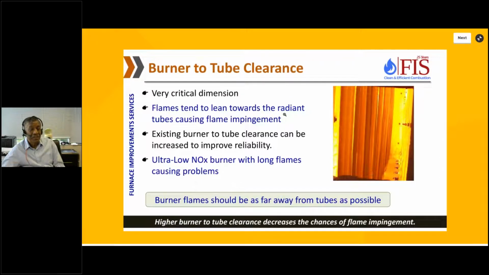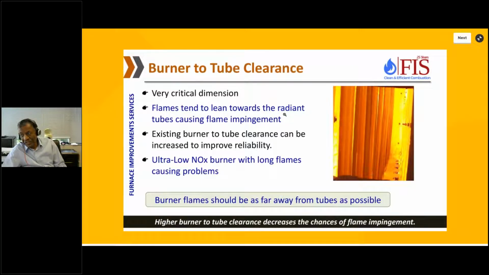What has happened in the industry is, in the last 20-25 years, we have started resorting to low NOx burners, and low NOx burners, as you know, have a very long flame length, almost 2 to 2.5 times, and that increases the chances of flame impingement. So if you can keep your flames away from the tubes, that will be the best.